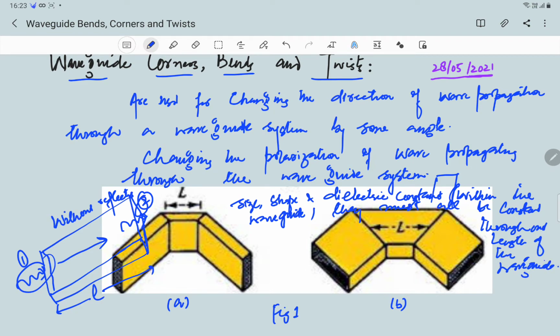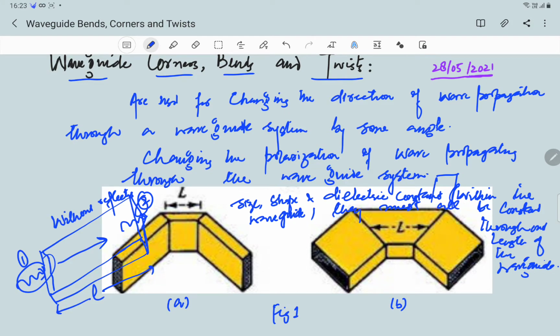Any abrupt change in these parameters, for example the width, the cross-sectional area, or the dielectric inside the waveguide, results in reflections and hence energy will be lost.